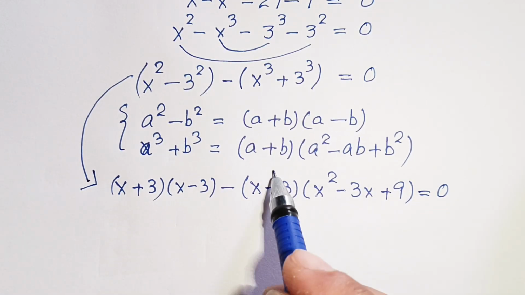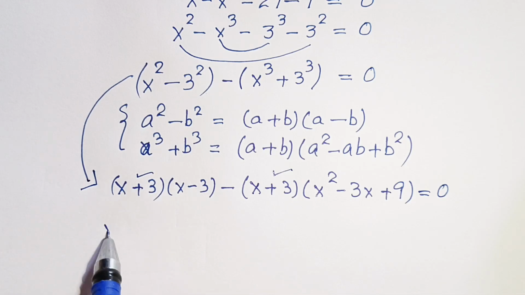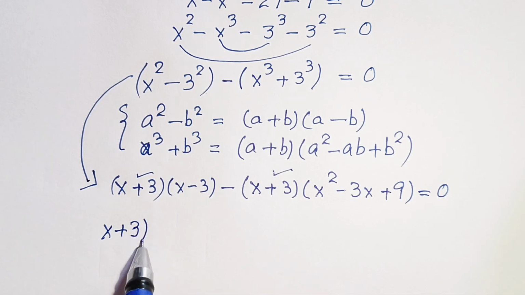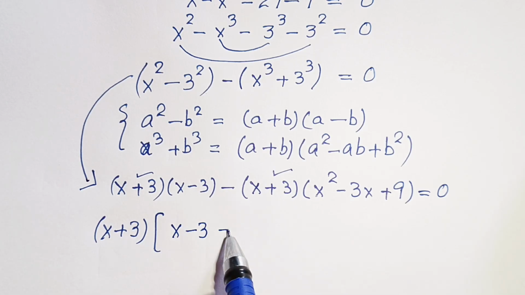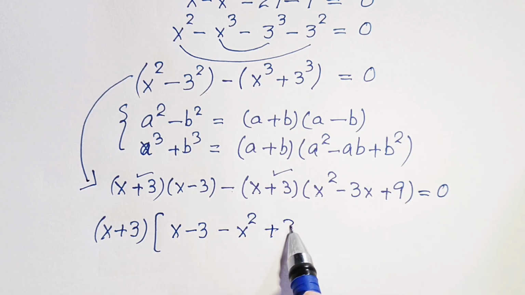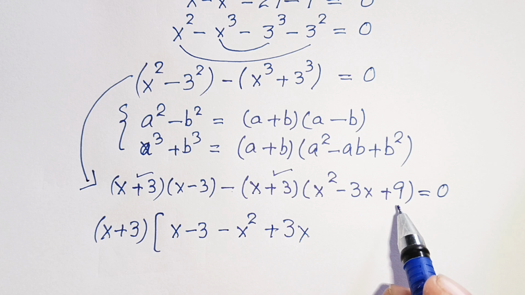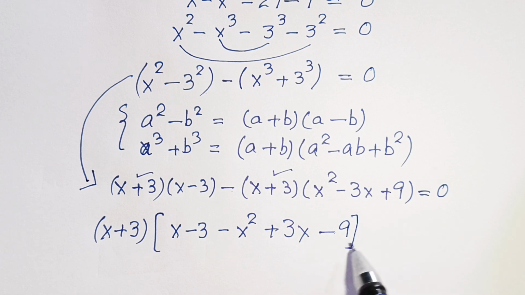Now we see that x plus 3 is a common term, so we take it common outside the bracket, which is x plus 3. Now we have x minus 3, and here we get minus x squared, minus times minus is plus 3 times x, and minus times plus is minus 9, is equal to 0.